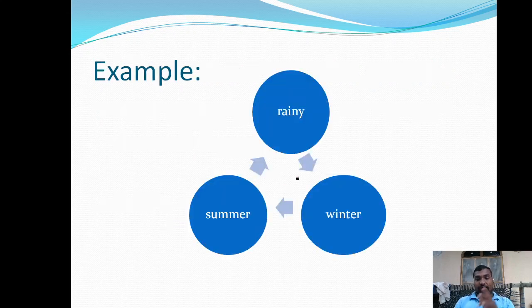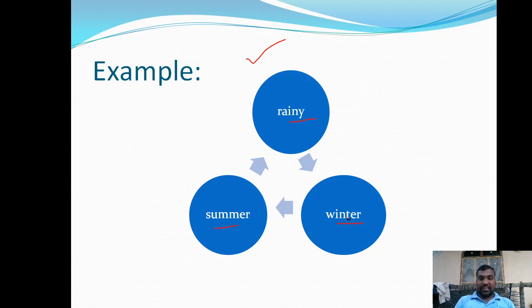So here is an example. The same example given in the previous slide will be displayed here, but now the shapes have some text. It is something like seasons, how the seasons change.